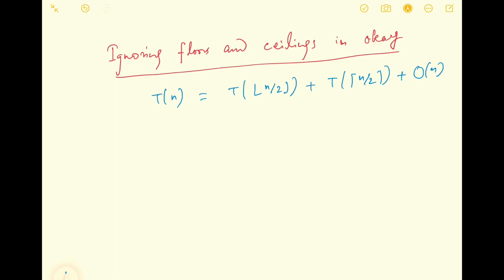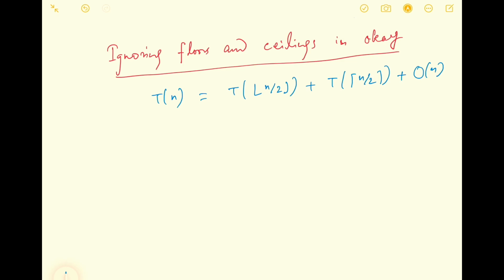Okay, now let us justify why we can safely ignore floors and ceilings while computing the asymptotic behavior of a function. Just for concreteness, let us take the example of merge sort, and we saw that the recurrence relation for merge sort is T(n) equals T(floor of n by 2) plus T(ceiling of n by 2) plus O(n).